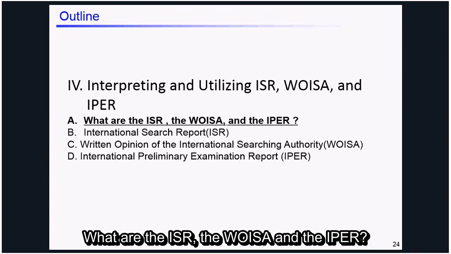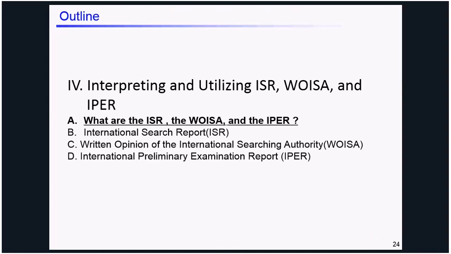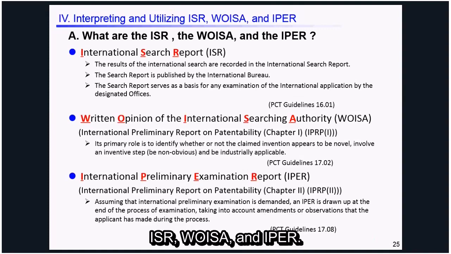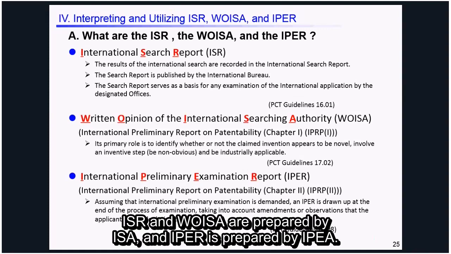What are the ISR, the WOISA, and IPER? In this page, I will explain the difference among 3 kinds of reports made by international authorities: ISR, WOISA, and IPER. ISR and WOISA are prepared by ISA, and IPER is prepared by IPEA.